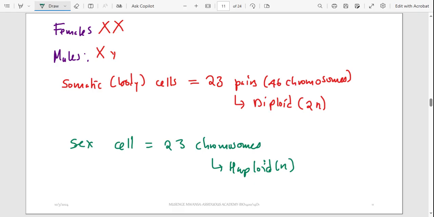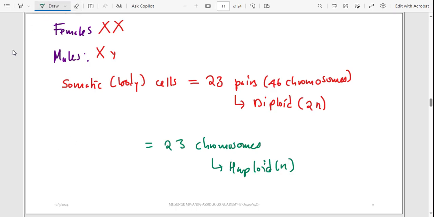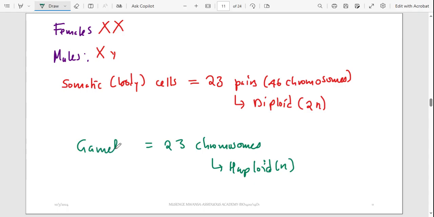That is because for these sex cells, after coming together, which ones are the sex cells? Actually, not even the sex cells, but the gametes. What are the gametes that you know? Gametes are basically sperm and the ovum.